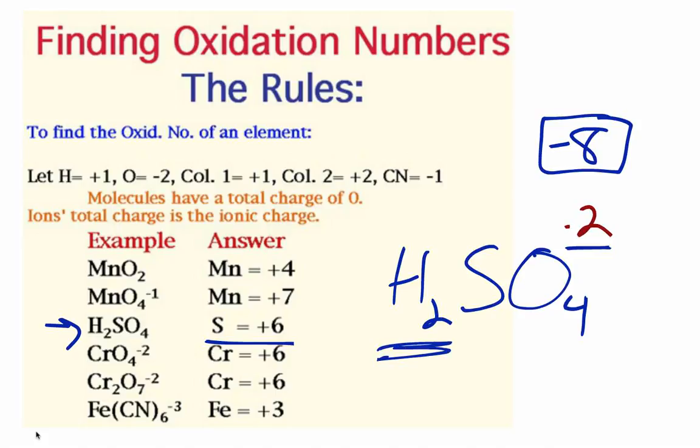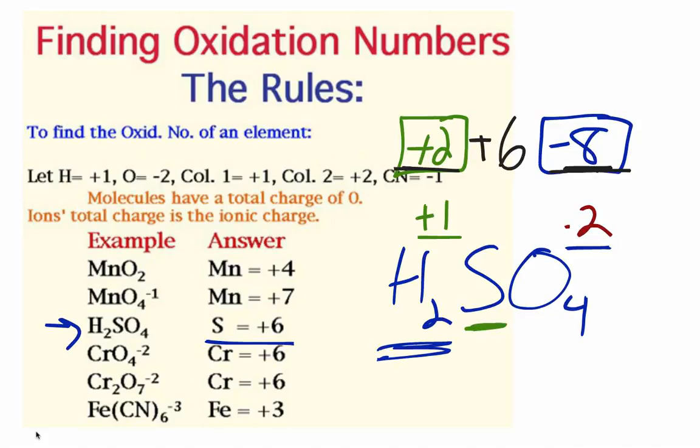Next, I'm going to slip over to hydrogen, because hydrogen is pretty commonly a +1. It's very rare that we're going to have a hydride. So +1 times 2 is a +2. So sulfur has to make up the difference to give us our neutral compound. If there's a +2 from our hydrogen, overall -8 from our oxygen, sulfur has to be a +6 to even out to get our overall neutral charge.